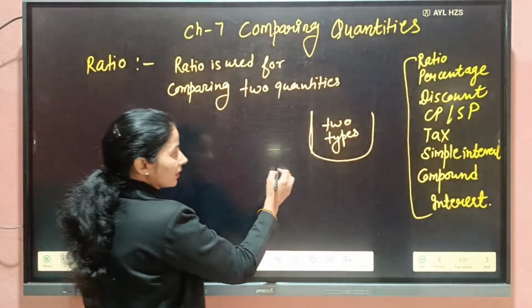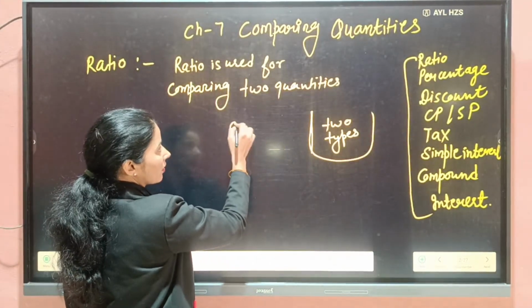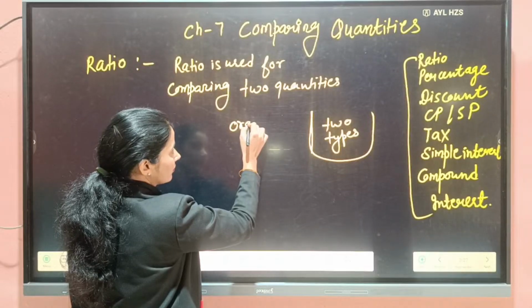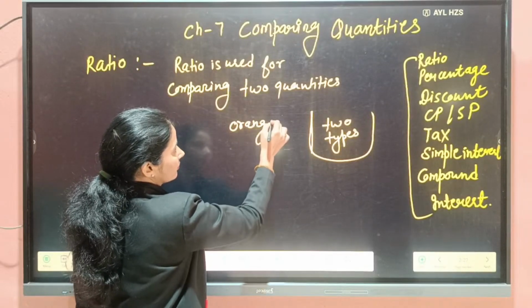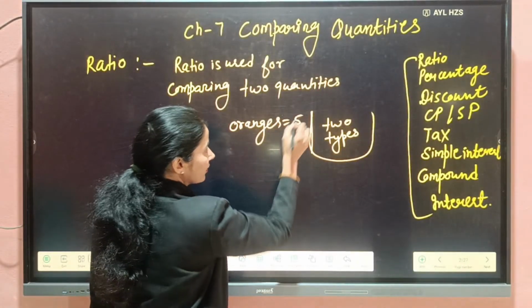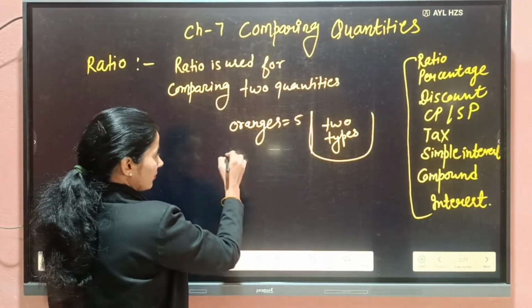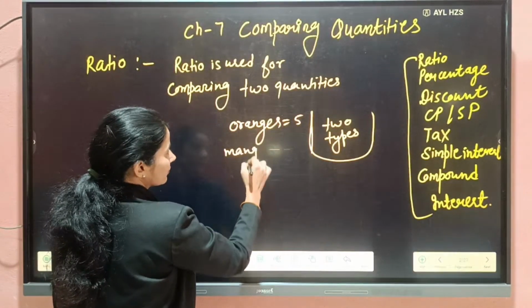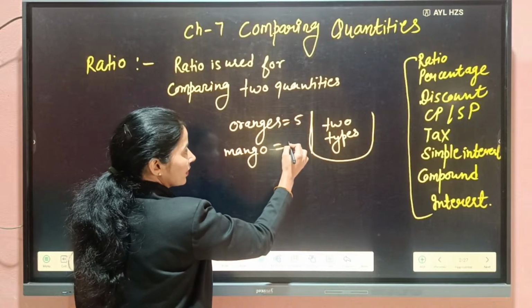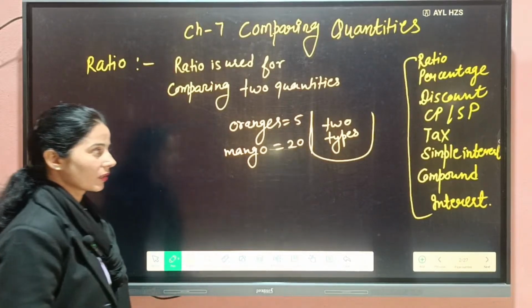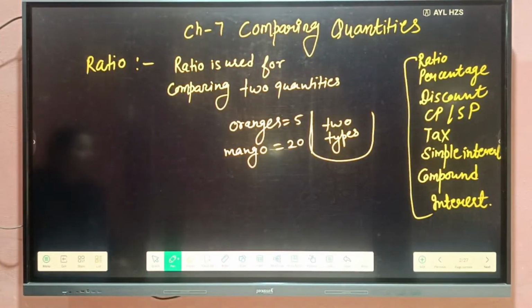Let us consider this basket contains orange and mango. Orange is 5 and mango is 20.